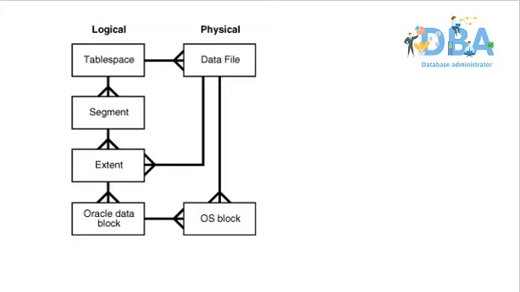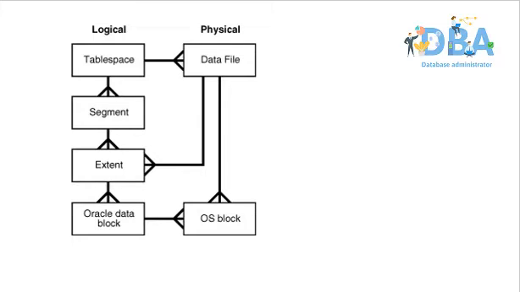Before we go to these storage units, let us clear one thing: we can have multiple table spaces in our database, and we can have multiple data files in a table space, but one single data file cannot have multiple table spaces, because a data file is the representation of that table space, so it cannot represent two table spaces.